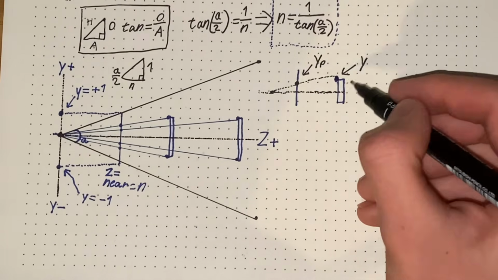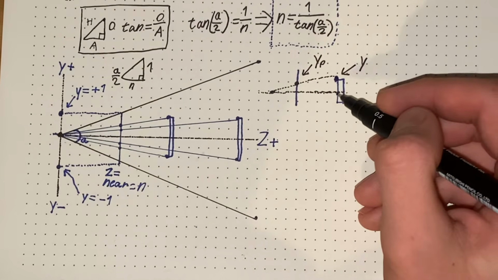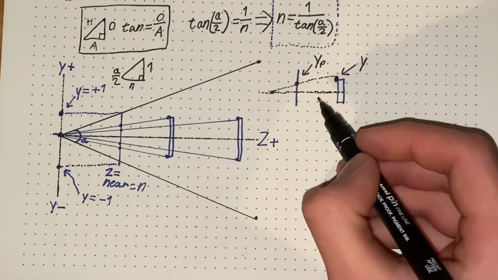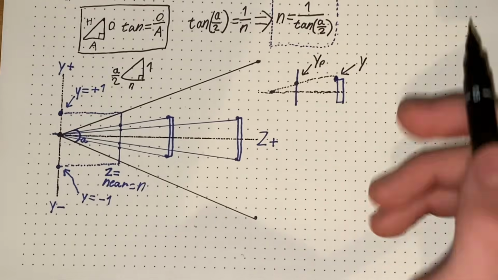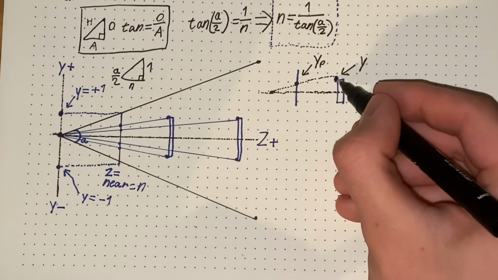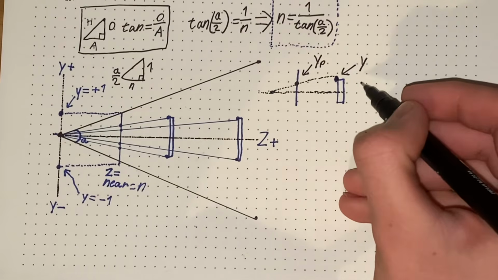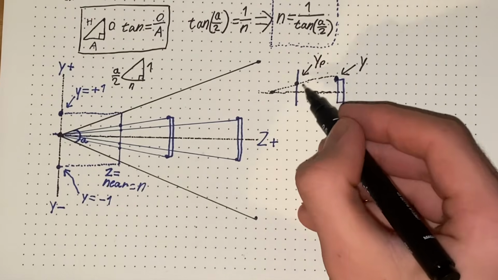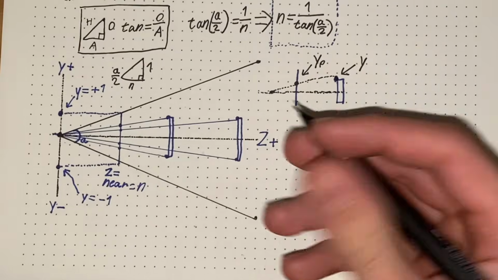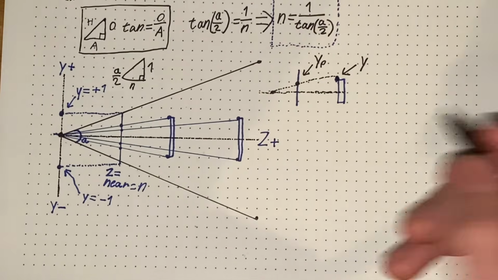I've drawn it a bit badly, but now we're focusing on the y value. The y value of this point is just going to be y, and where it crosses, we're going to call yp, the y point on our screen.